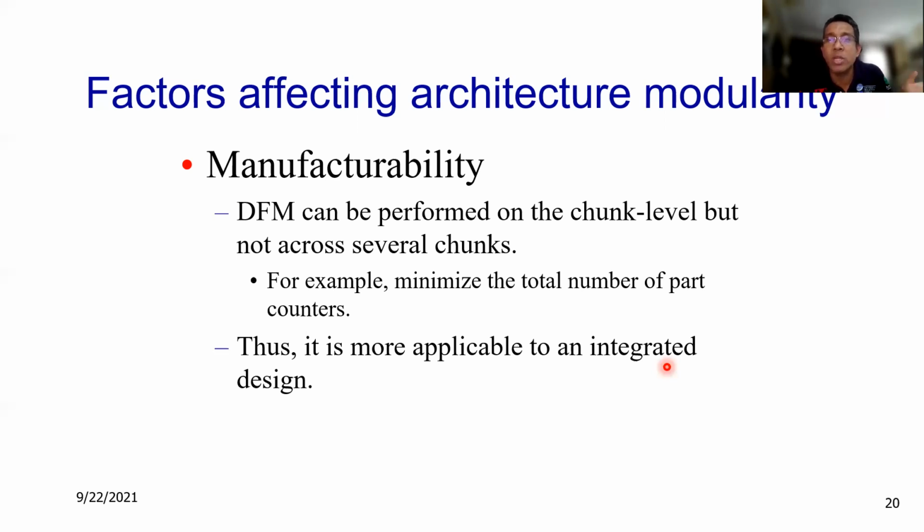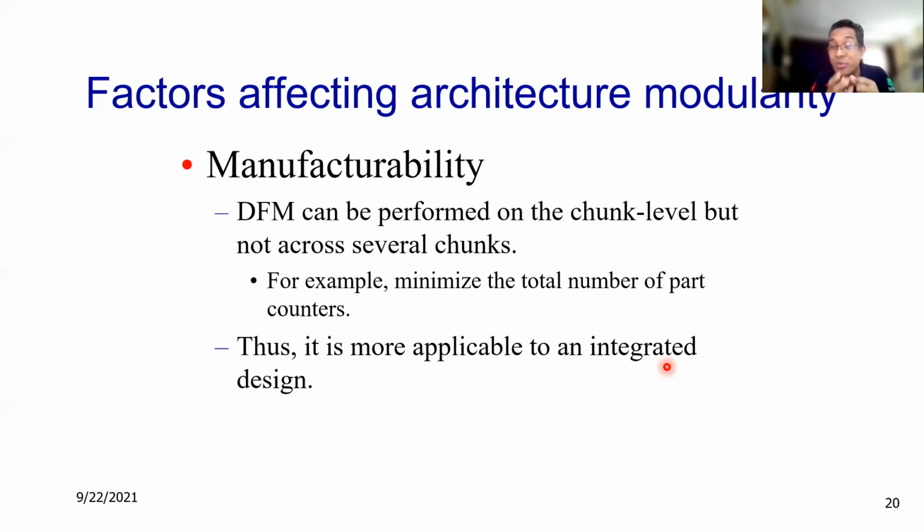And then one more important part I said just now is the DFM strategy involved, and to minimize the number of parts. When you do a product function sharing just now, you can reduce the number of parts of the product. You can reduce the material through the component integration as well. So this is more applicable to the integrated design just now.